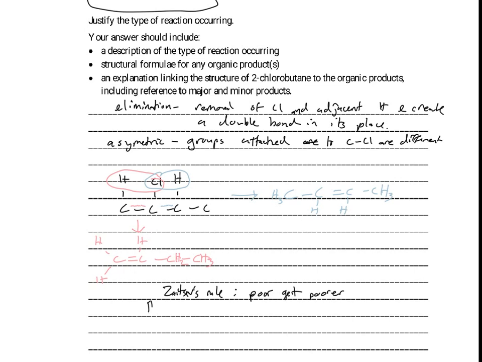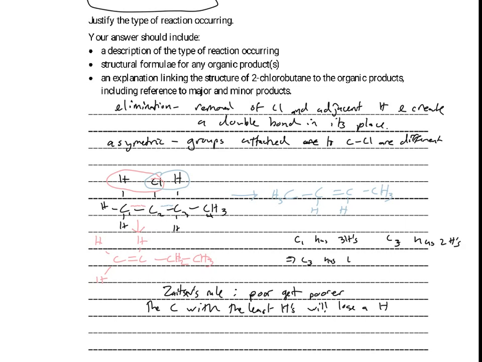And what the full way is, the carbon with the least hydrogens will generally lose hydrogen. So you need to be very specific with our particular example. So if I draw out our molecule properly, and I label our carbons 1, 2, 3, 4, we can see that carbon 1 has 3 H's, while carbon 3 only has 2 H's.